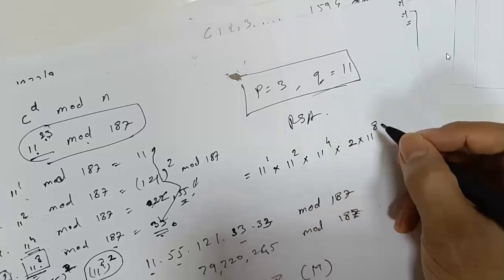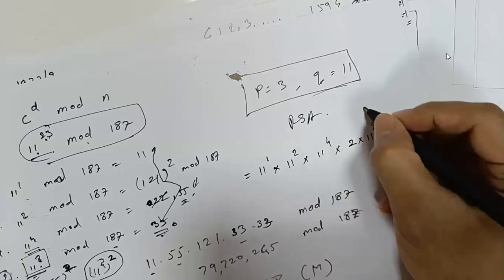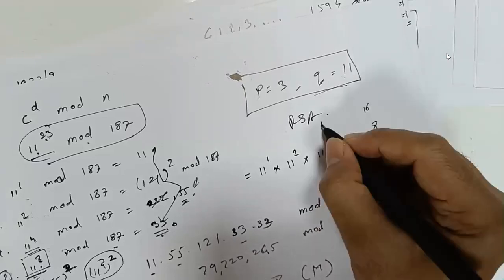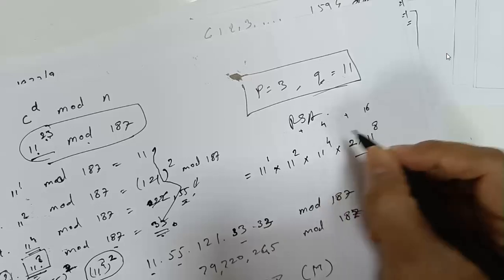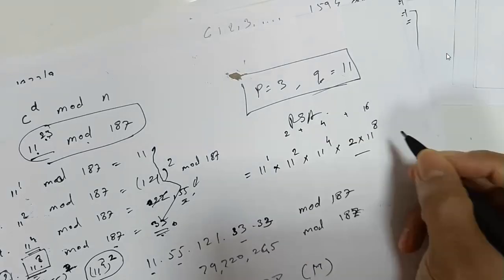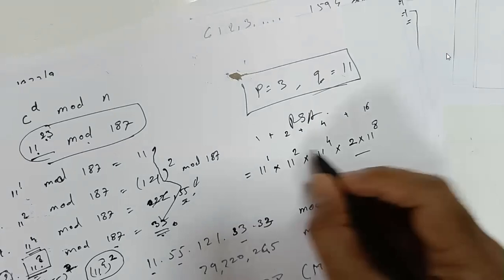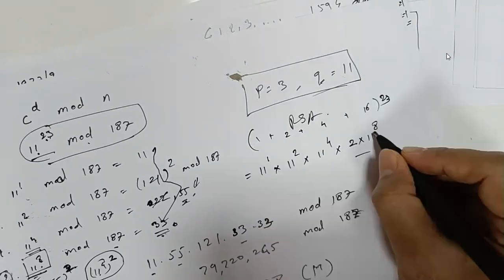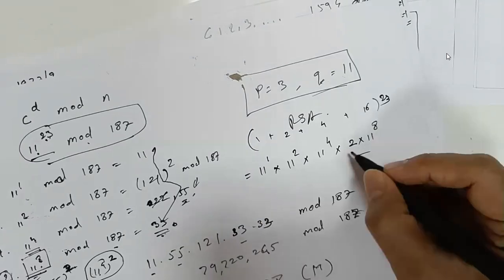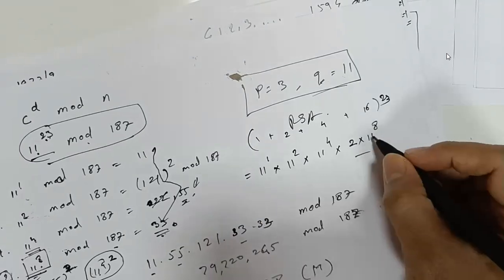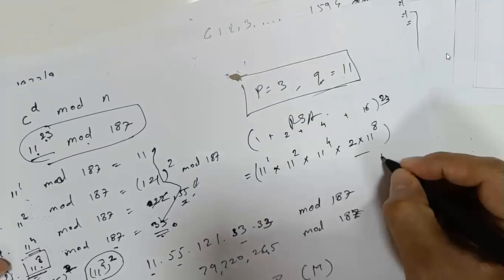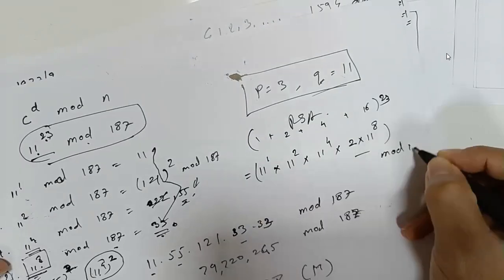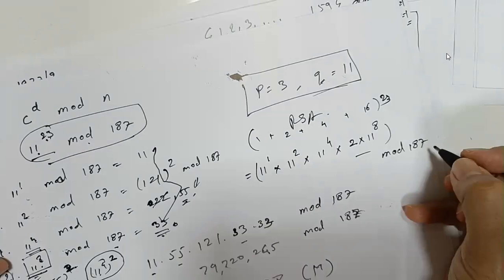So this will be 16, this will be 4, that is 20, plus this will be 22, and this will be 1. So this is 23 division of 11 raised to 23. Okay, and the whole mod 187 we want to calculate, right?